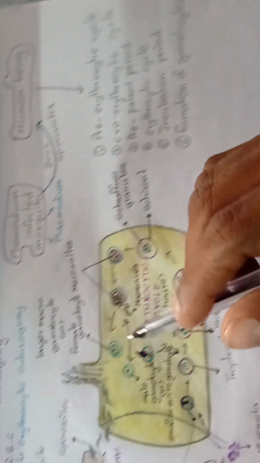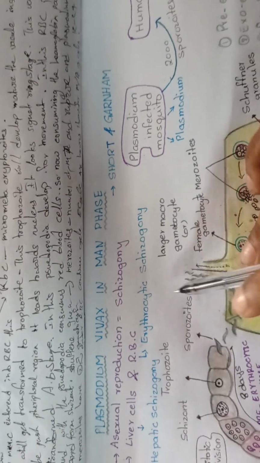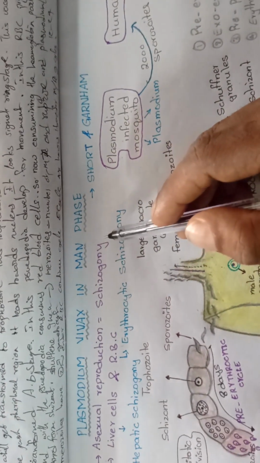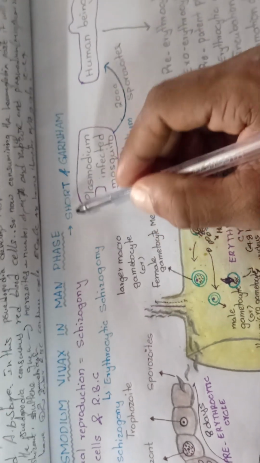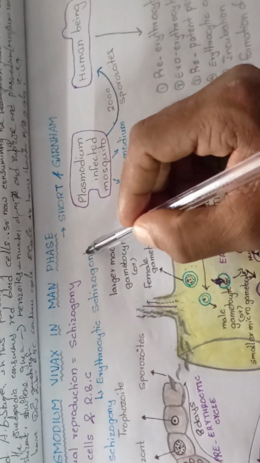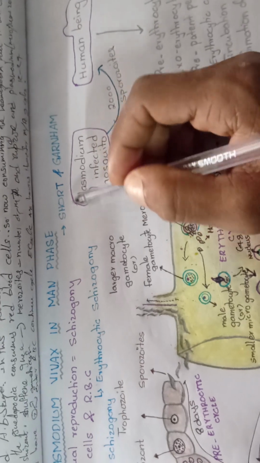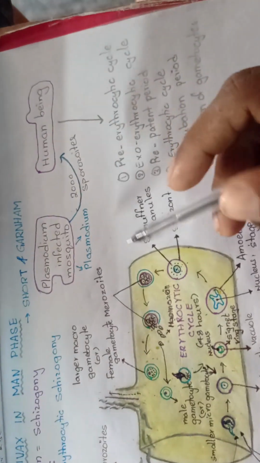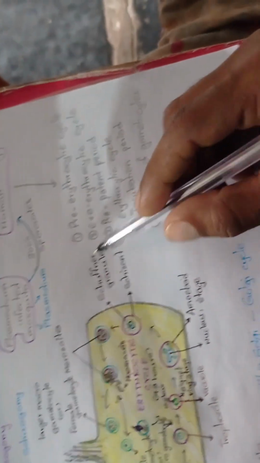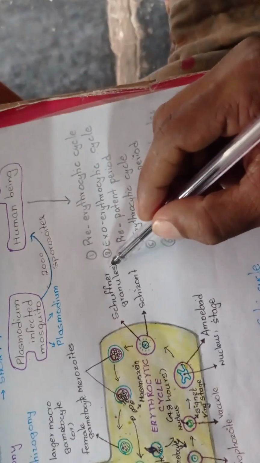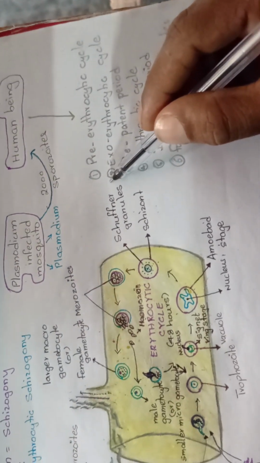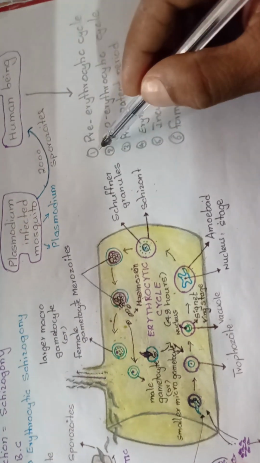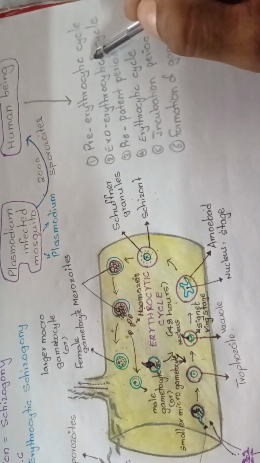Plasmodium vivax in man, the phase was discovered by Garnham. See the stages here. The pre-erythrocytic cycle I explained.